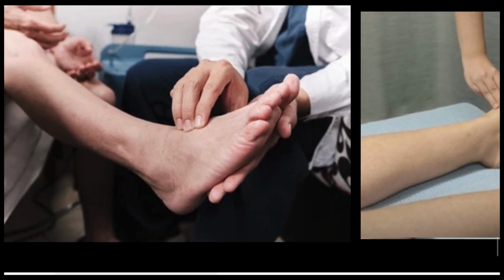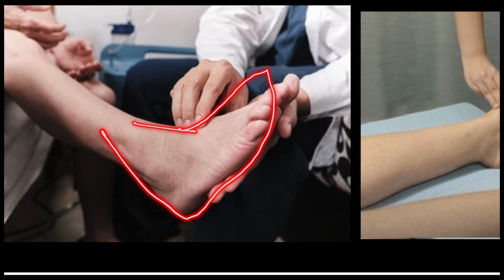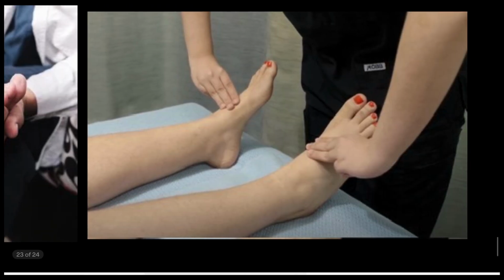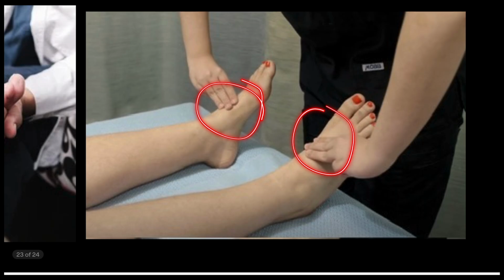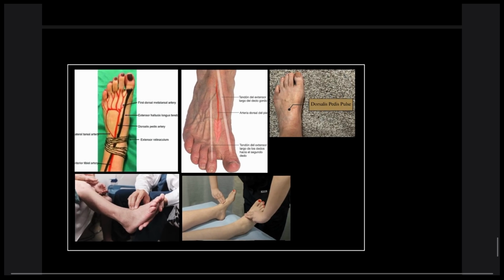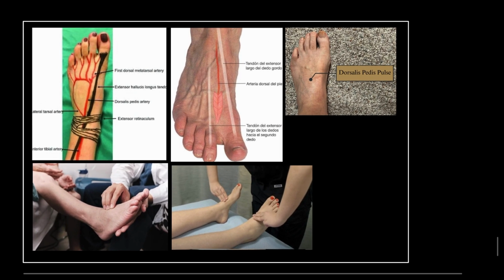Here for the dorsalis pedis artery, you ask the patient to dorsiflex so that the artery becomes lax and you can better palpate the pulse. You can compare and contrast between both the sides. And with that, we are done with pulse.